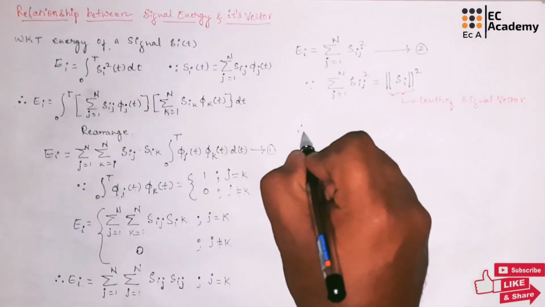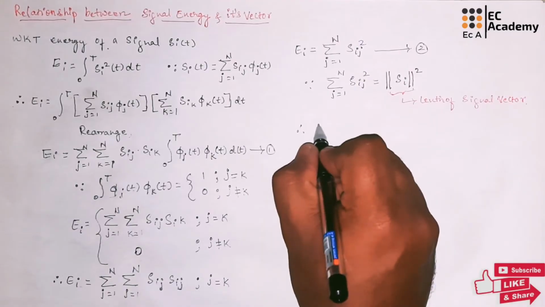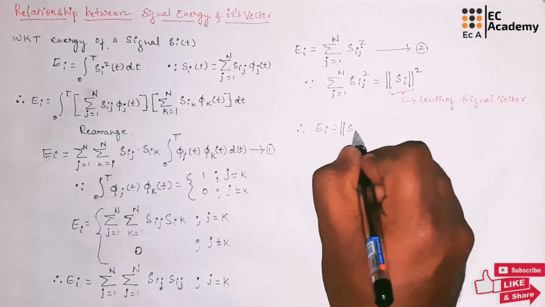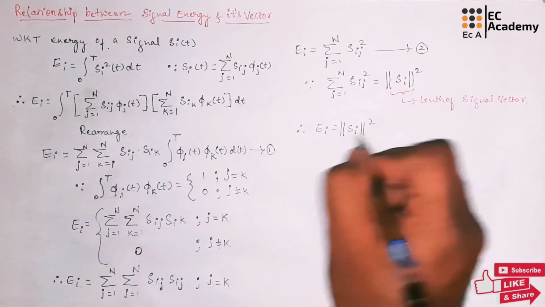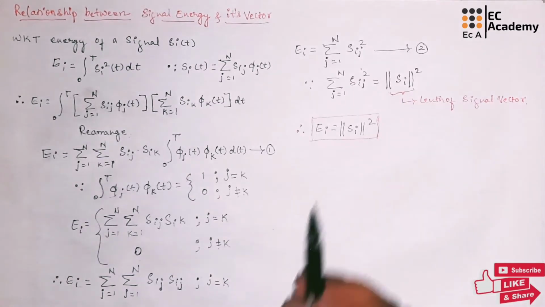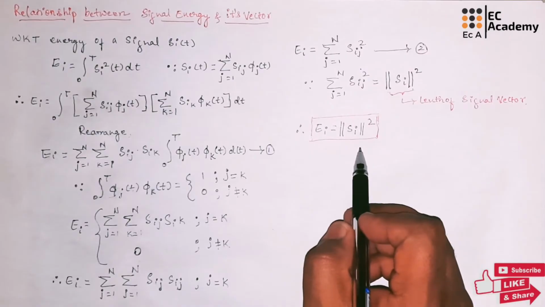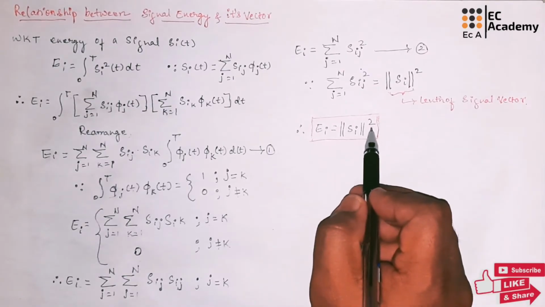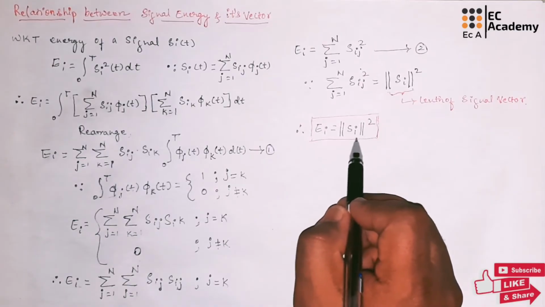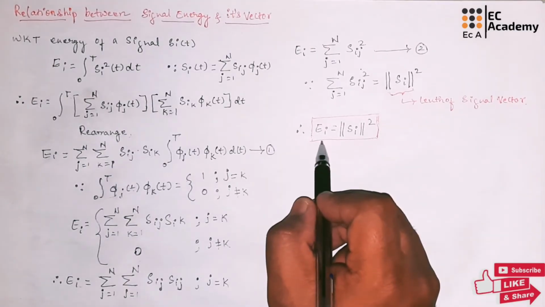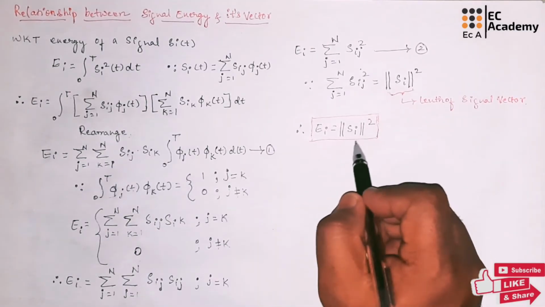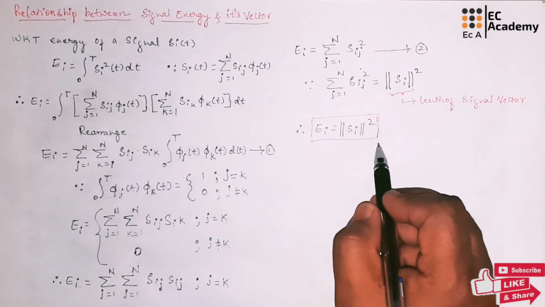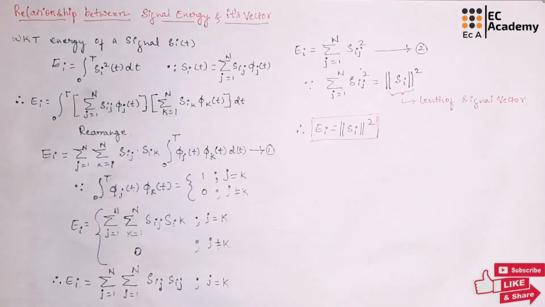Therefore, using this equation, we can write energy of a signal is equal to length of signal vector whole square. So this result shows that the signal energy is equal to square length of signal vector. This is the relationship between signal energy and its vector.